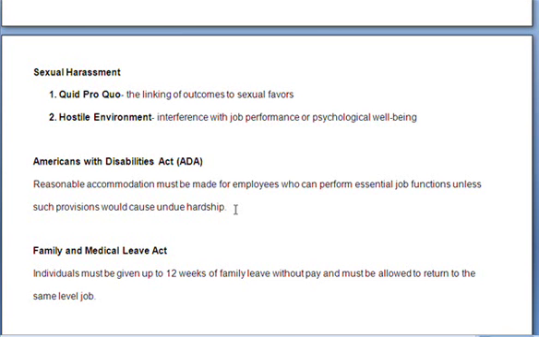The 12 weeks can be taken, remember, every year. Every year an employee can take that 12 weeks, but they can only take it for certain reasons. Like a personal illness or illness of a spouse, illness of a child, death of a spouse, death of a child, caring for a parent, or also death of a parent.